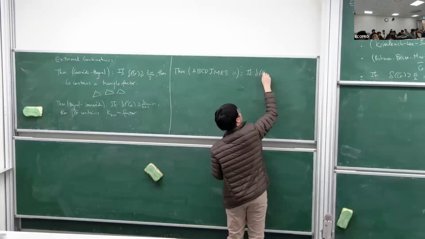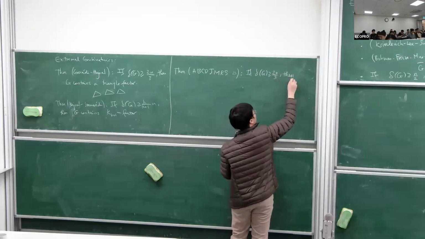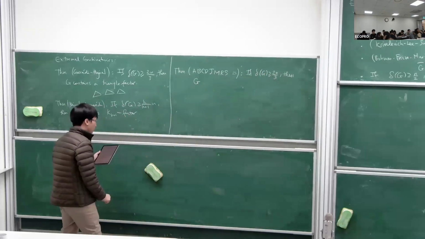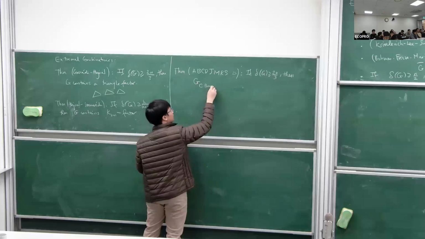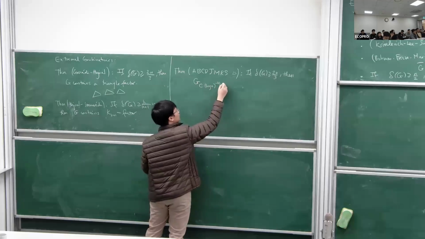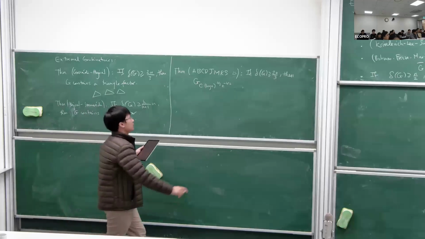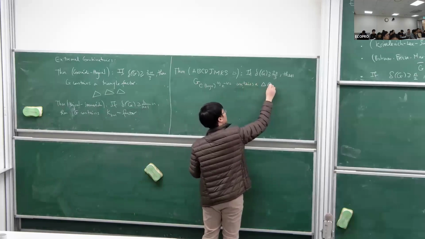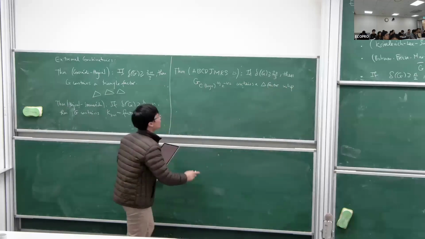Under the same condition, if the minimum degree is at least 2n/3, then even if we sparsify the graph G, with the probability of sparsification being log n to the 1/3 times n to the negative 2/3, it still contains a triangle factor with high probability.